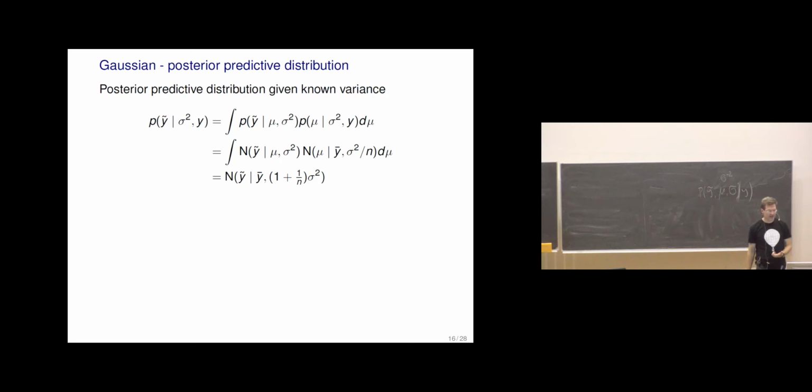So in this predictive distribution, one part of the uncertainty is this epistemic uncertainty, coming from the fact that we don't know mu, and the other part is the aleatoric uncertainty. Even if we knew mu exactly, we would still have the uncertainty described by sigma squared.